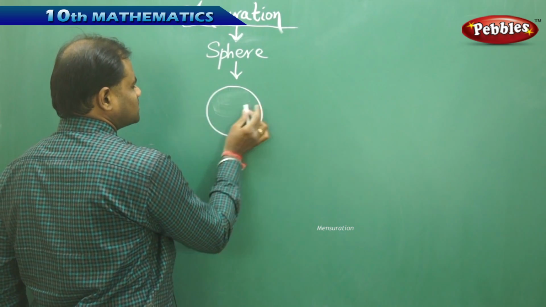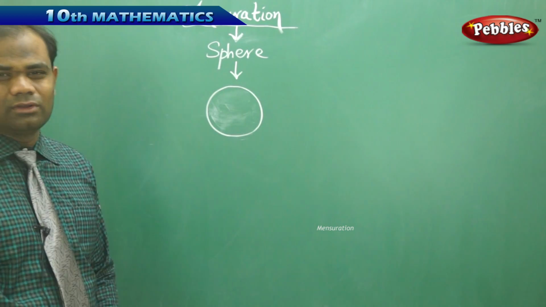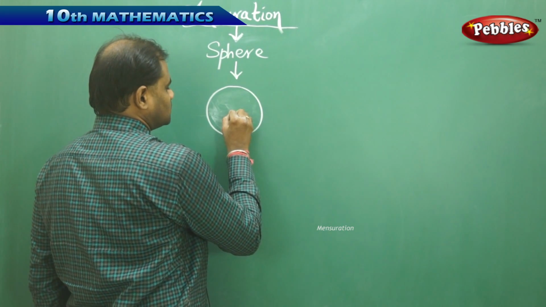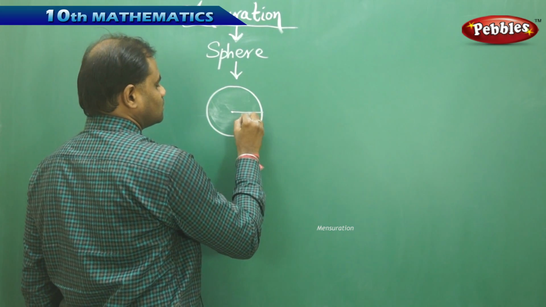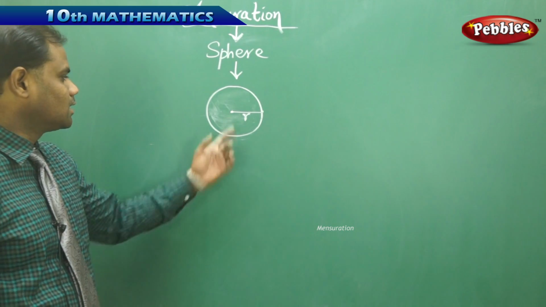As I see, this is a sphere, or a globe, or a football, or a cricket ball. So this sphere, suppose my internal radius is r, the distance from the center to any point on the sphere is r.